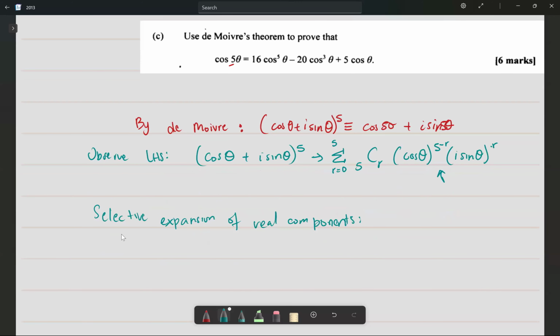The first real one we know will be the constant. So the constant in this case occurs when r equals 0. And that would give us 5 choose 0 cosine theta raised to the power of 5 minus 0 I sine theta to the power of r.